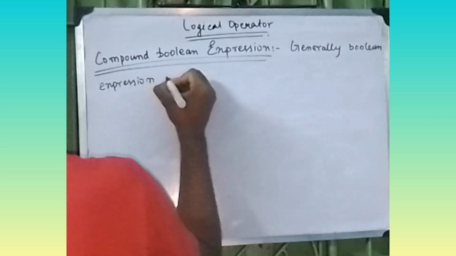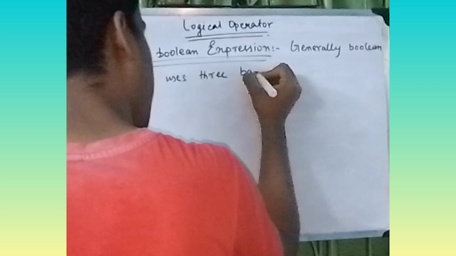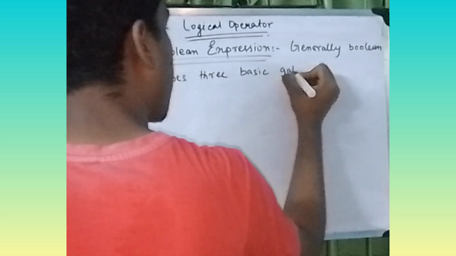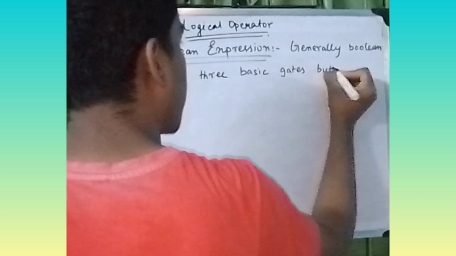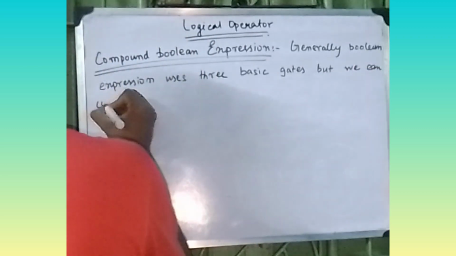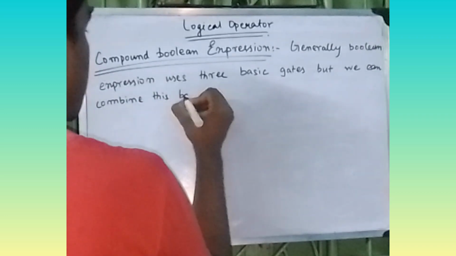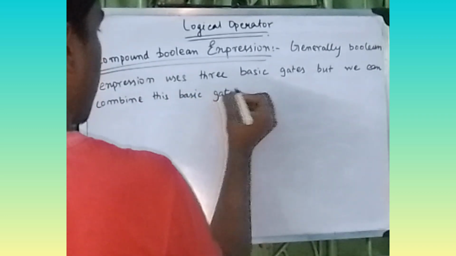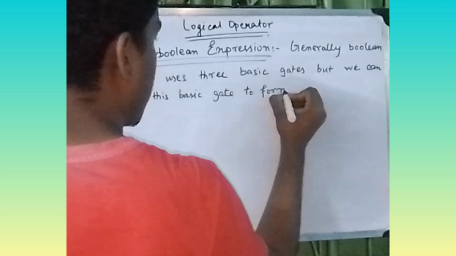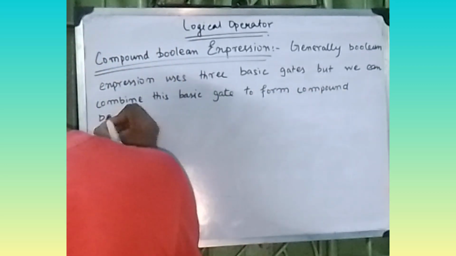A complex Boolean expression formed by using two or more operators is known as a compound Boolean expression. I would like to explain these compound Boolean expressions with some examples.